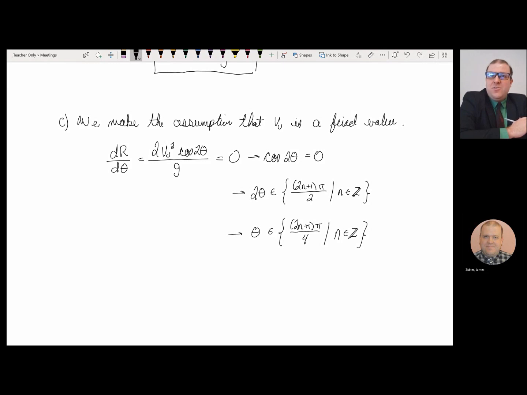Can't theta only go 0 to pi over 2? Right? 0 would be a straight horizontal launch. Pi over 2 would be a straight vertical launch upwards. Anything else doesn't make sense.